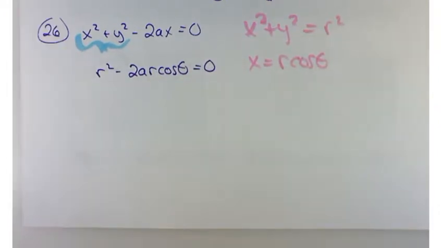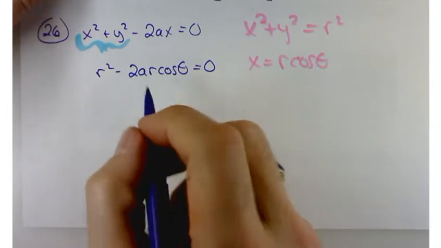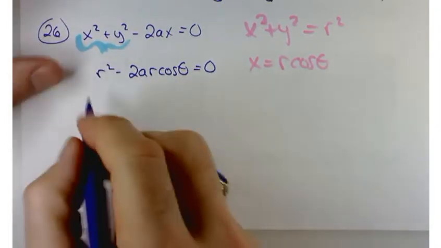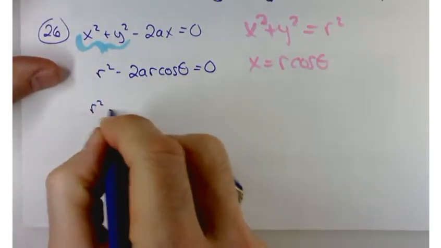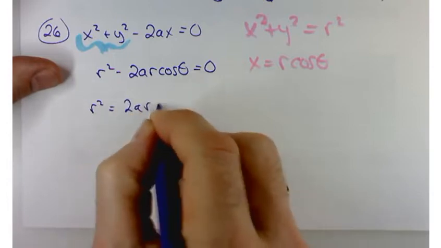equals 0. Typically in these problems, you like to have r by itself. So let me move this term to the right-hand side and get r squared equals 2ar cosine theta.